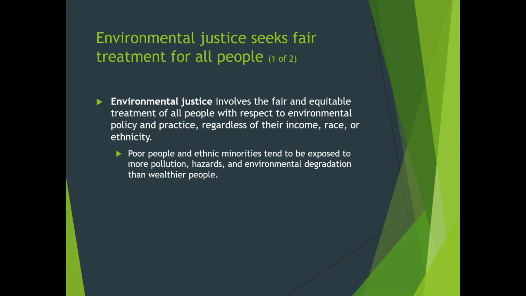But these were about environmental justice. It involves fair and equitable treatment of people with respect to environmental policies and practices, regardless of income, race, and ethnicity. Because you'll see that if you take a broad view, if you look down on the earth at the different pockets of people, the people with less income and minority races and ethnicities are the ones mostly hurt by environmental problems.